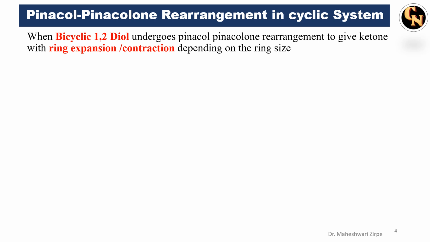So basically, you can see here a bicyclic diol undergoing Pinacol-Pinacolone rearrangement. The product is the same, that is a ketone. The only thing is either ring expansion takes place or ring contraction takes place.